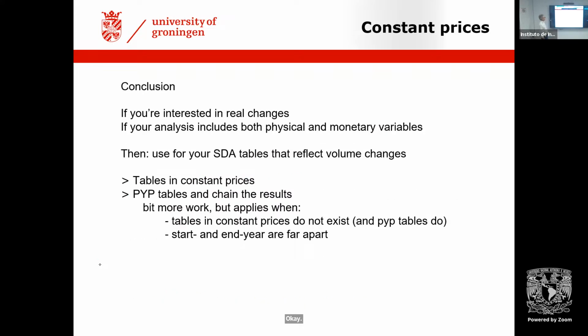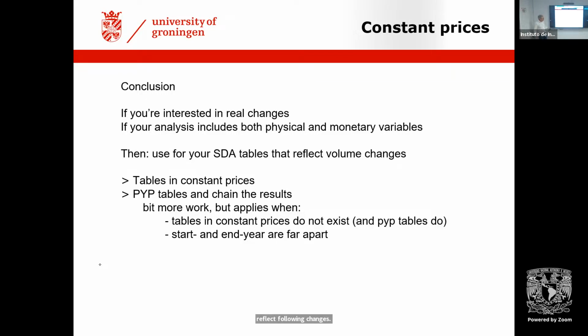So the conclusion: if you are running an analysis where you mix physical and monetary variables, then be careful not to use tables in current prices, and use tables that reflect volume changes. That is very often what you're interested in.